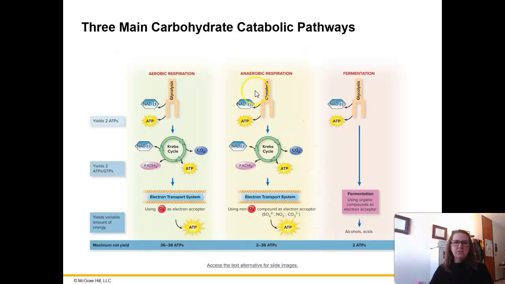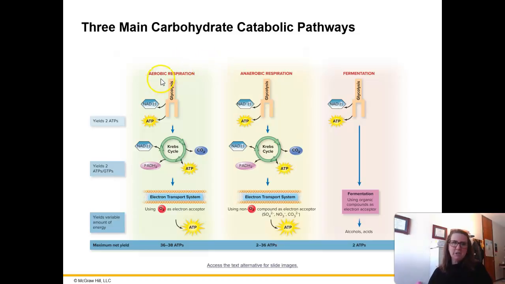So essentially what we see with this particular type of carbohydrate catabolism is that it is going to make far less ATP. It says 2 to 36, but 36 would be on the high side of what most anaerobes could do. So it's usually much less than that. But you can see at the bottom of this that ATP looks like a little sun showing us, woohoo, energy has been made.